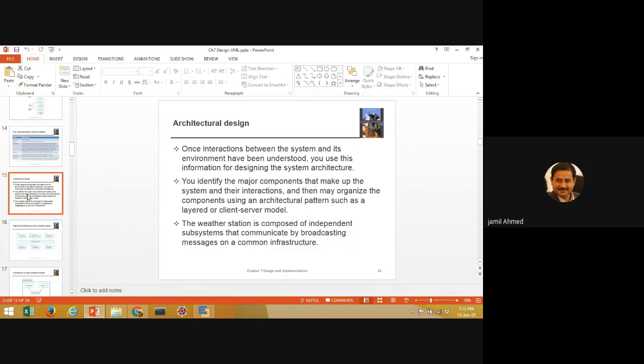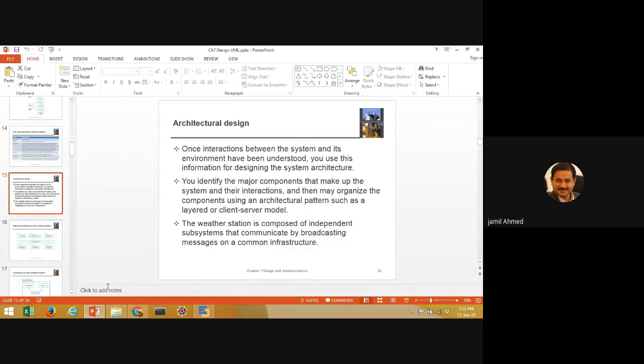This is the boundary of the server and this is the boundary of the client, and how the client will access the services from the server and how the server will provide the services to the client. So there is some jurisdiction between them, so we have to draw accordingly as per the given case, as per the given project. According to the nature of the project, we have to think about that.